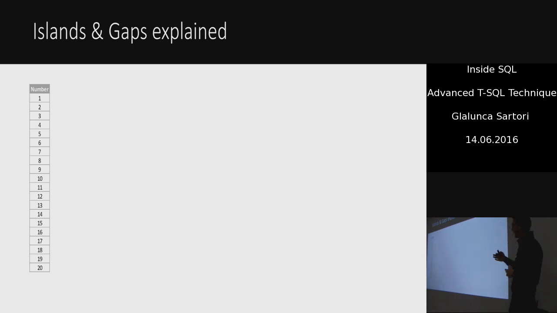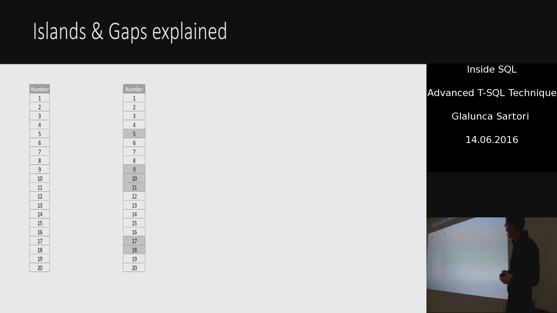Imagine you have a table with some numbers in it, and the numbers go from 1 to some value, and they're all consecutive numbers. Imagine that at some point you delete some of the numbers. It's supposed to be gray, but I don't see the difference from here. 5 should be gray, 9 should be gray. Oh well.